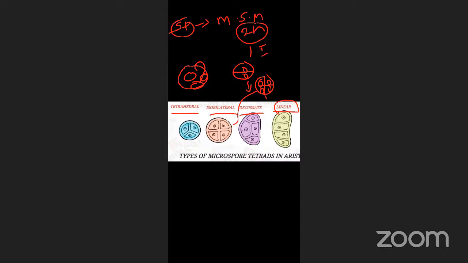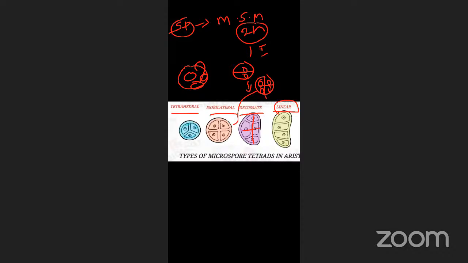And the next one, decussate. In decussate, two pollen grains are in opposite directions, and the rest of the two are also in opposite directions.